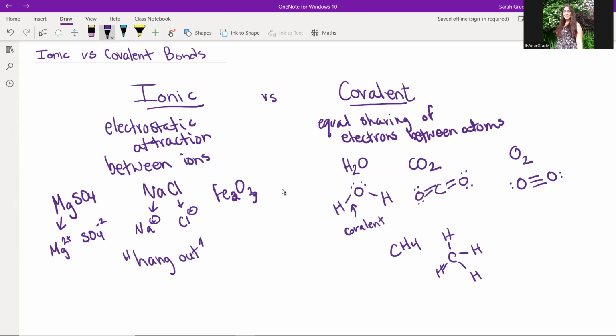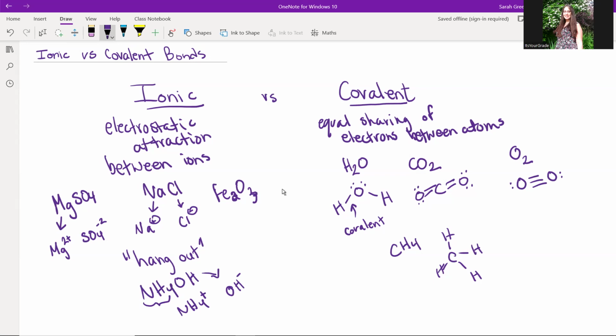I didn't actually give an example of that. So one example of that could be ammonium hydroxide, where ammonium is NH4 plus and hydroxide is OH minus. So that's just another example of an ionic compound that you might see.